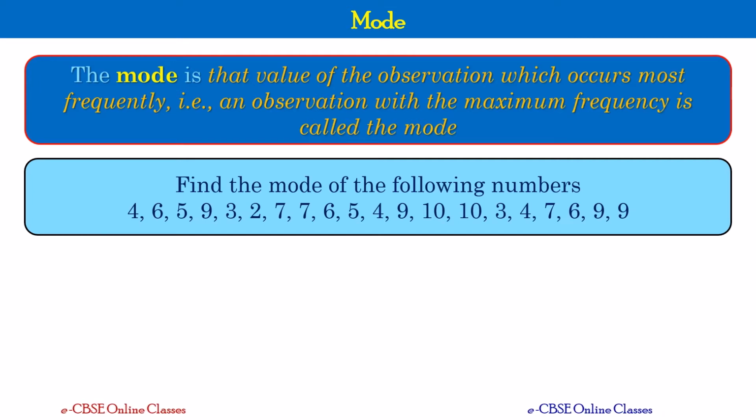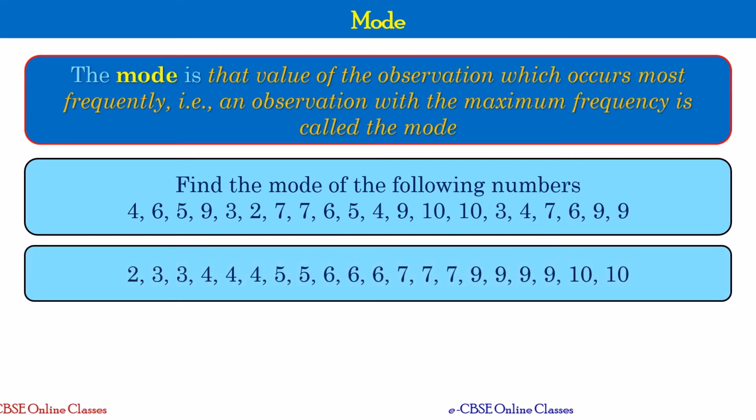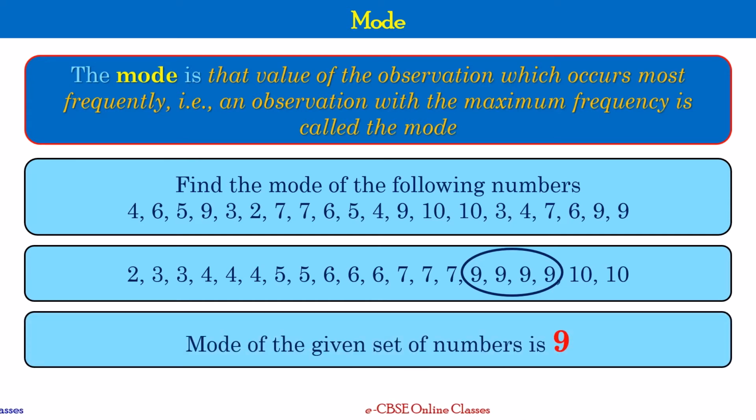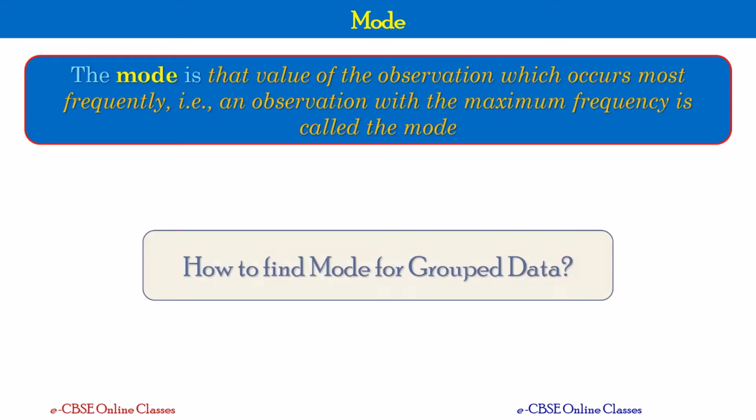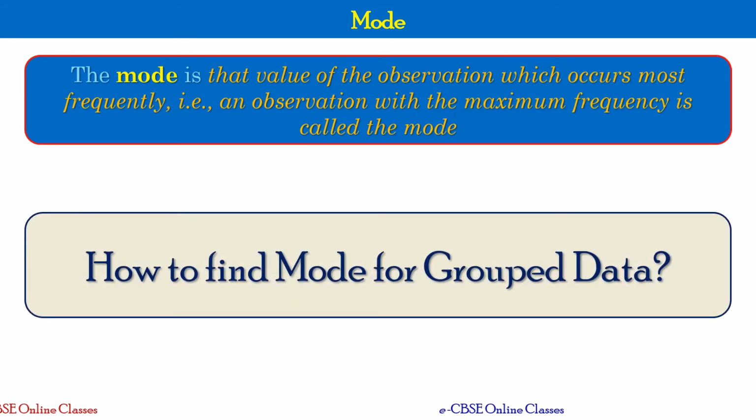So let us sort them in ascending order and find the value occurring the most number of times. Here 9 is occurring 4 times, which is the maximum number of times. So the maximum frequency is 4, and we call 9 the mode of this given set of numbers. This is for an ungrouped data set. And how do we calculate the same thing for group data? This is what we are going to learn in this module.